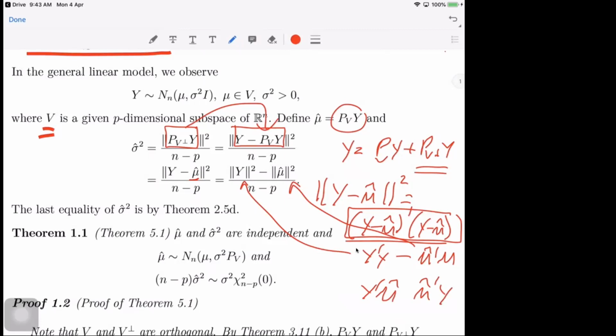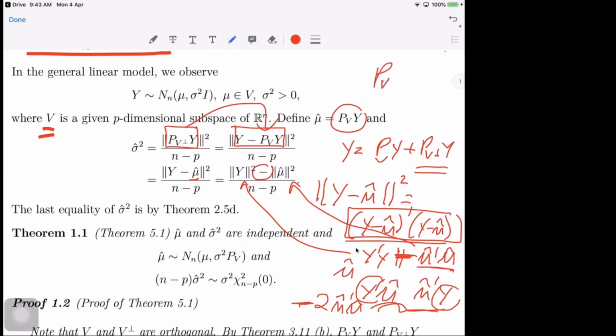The middle term can be expressed as minus 2 mu hat prime y and mu hat prime mu hat, so it becomes minus 2 mu hat prime mu hat plus mu hat prime mu hat, which becomes a minus. So this y here can be expressed as mu hat in terms of projection. Why?